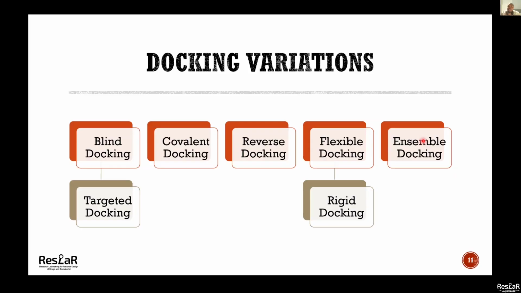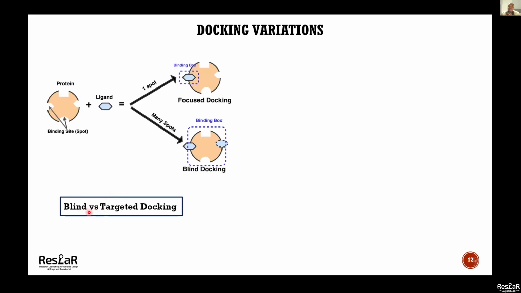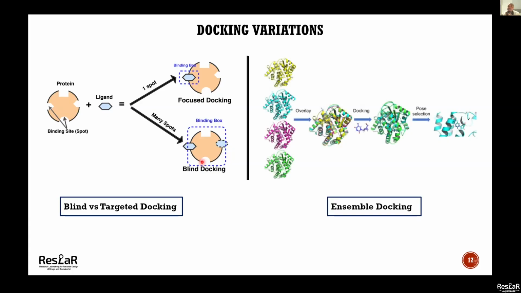So then ensemble docking. So what we've already described, blind versus targeted docking. In blind docking, or what we call global docking, you scan the whole surface, but in targeted docking, or what we call focused docking, you already have the active site defined. Now, ensemble docking is another way of docking where the key question is: the PDB structure of the protein I have, is that the most useful conformation the protein adopts?